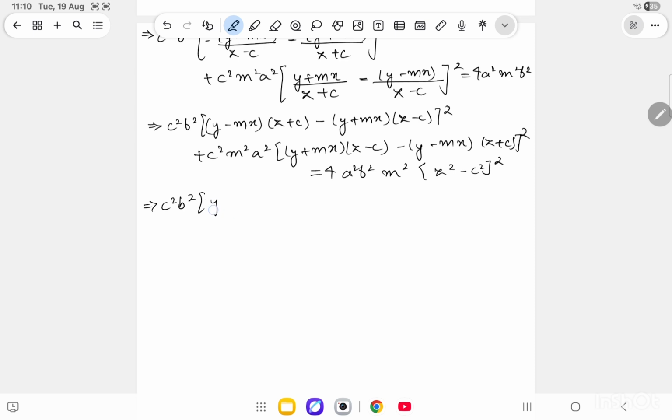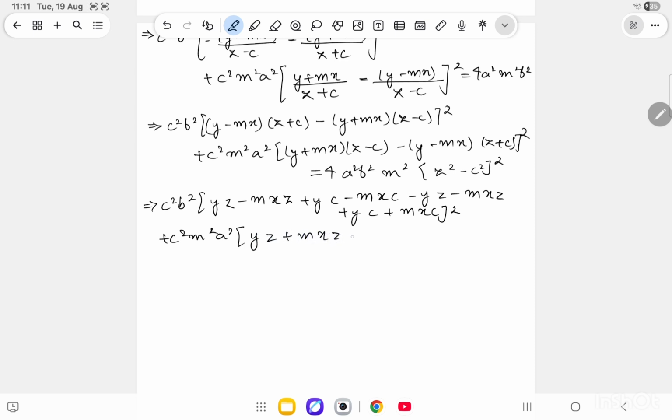I'll get yz minus mxz plus yc minus mxc minus yz minus mxz plus yc plus mxc, whole square, plus c square m square a square times yz plus mxz minus yc minus mxc minus yz plus mxz minus yc plus mxc, whole square, is equal to 4a square b square m square into z square minus c square whole square.